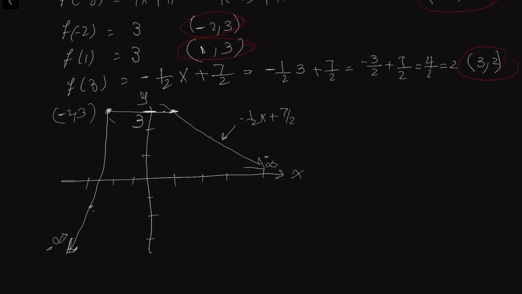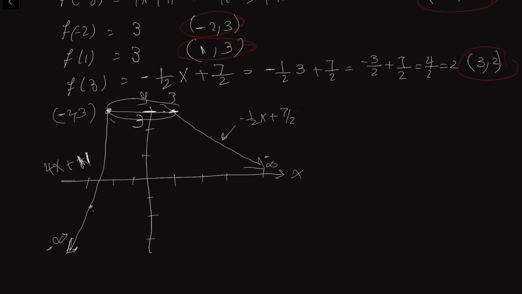And this section is 4x plus 11. And here is basically the 3. Okay? So let's write down the range and the domain.